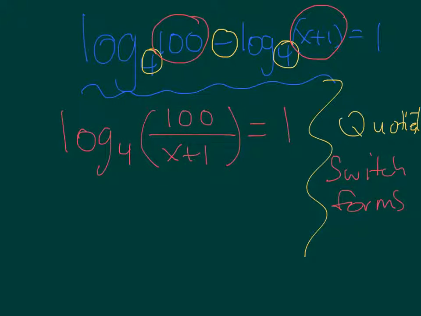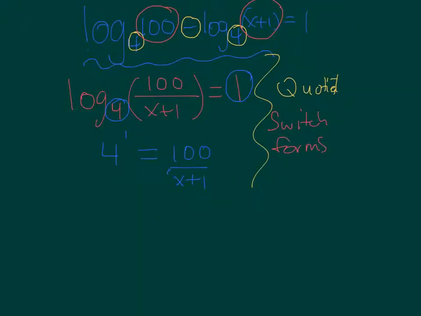Remember, when I switch forms, I always want to write my base first. Here's my base. So 4 exponent 1 is equal to 100 over x plus 1. 4 to the 1 is just 4 is equal to 100 over x plus 1. I can write the 4 over 1, and now I have a proportion again, so I will cross multiply.